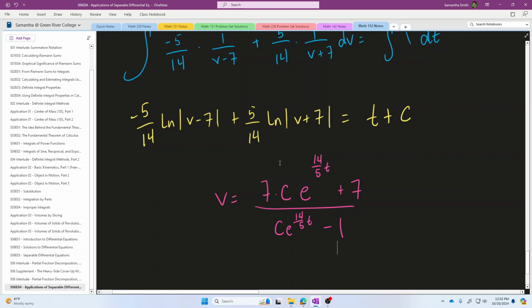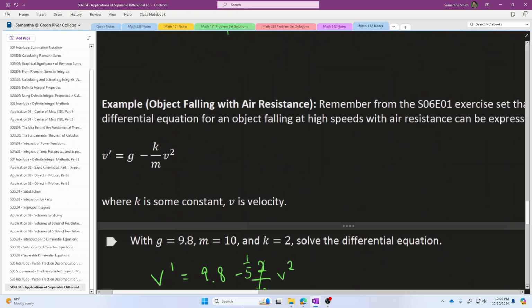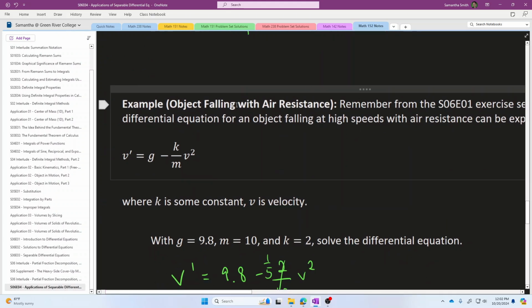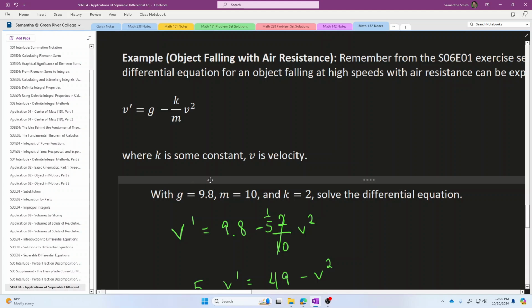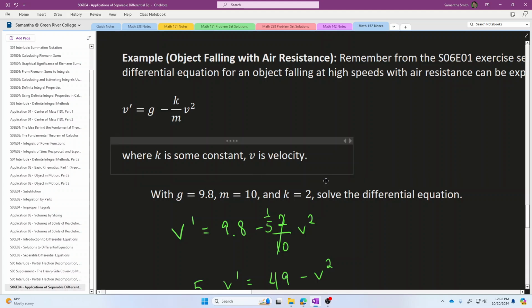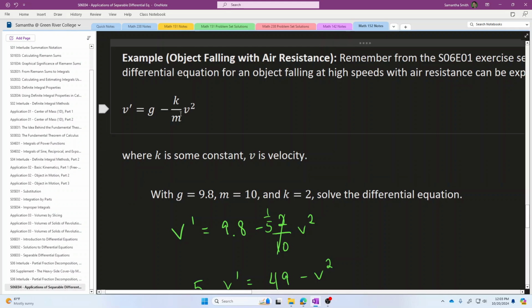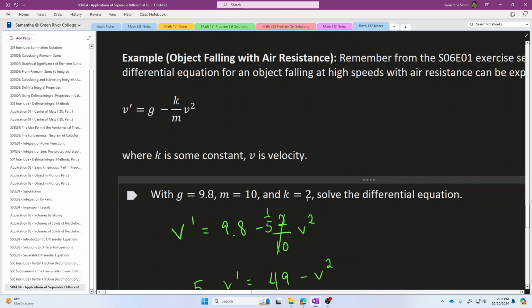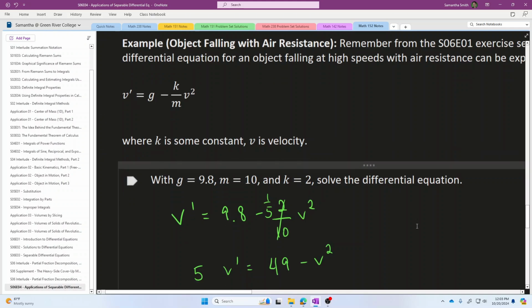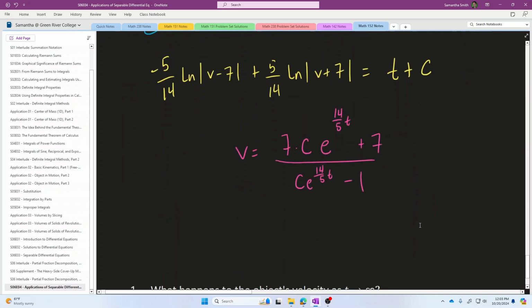Okay, so what we have just said is that if you have an object which is falling and it is being acted upon by the force of gravity and the force of air resistance at high speeds, treat the gravitational constant as 9.8. If the mass of the object is 10, and if this constant k2 here has a value of 2, then the velocity of your object as a function of time follows this kind of shape.